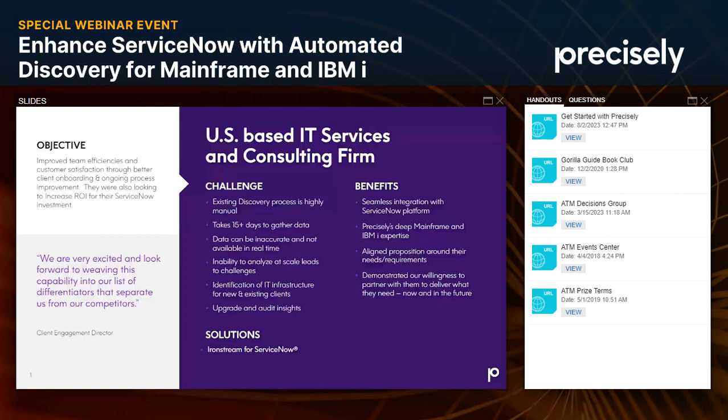Plus, it also allows them to map services that traverse the Mainframe and IBM i. They're looking at how they can expand this into service mapping, going beyond the greatness they're getting from Discovery. And from a partnership point of view, we're willing to work together to look at their specific needs and add capabilities into the product to make their journey even smoother and more valuable for them and their customers. So Ironstream easily became their chosen solution in their context.